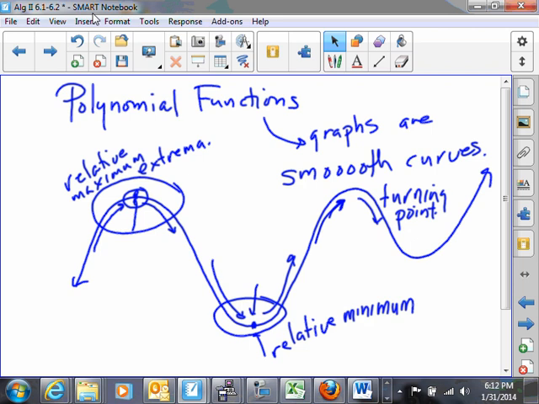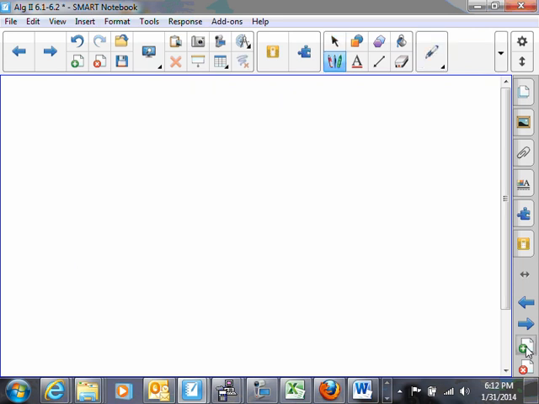One other thing I do need to talk about is what your author calls the location principle. And we've talked about this earlier in the year.